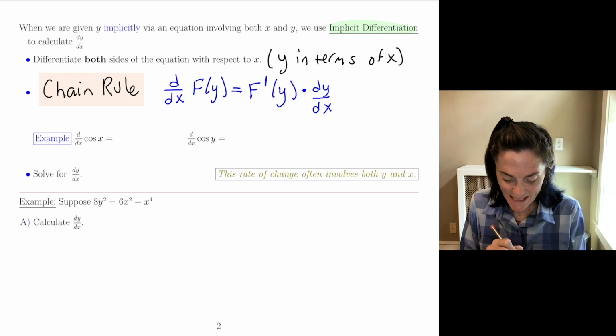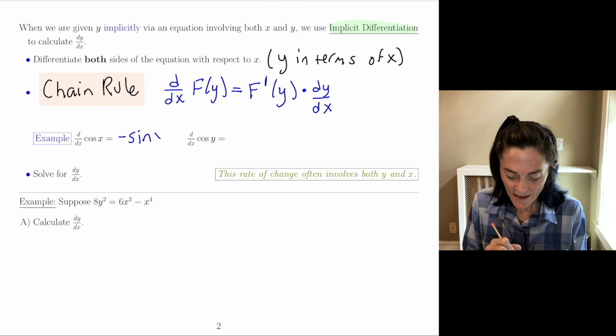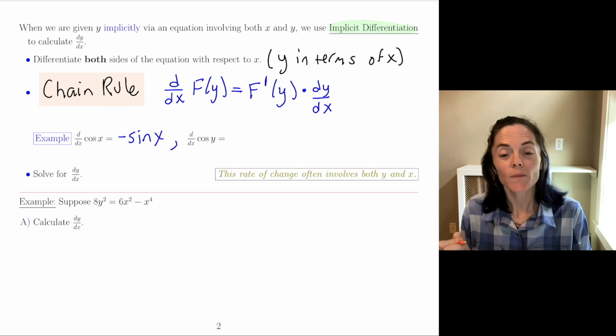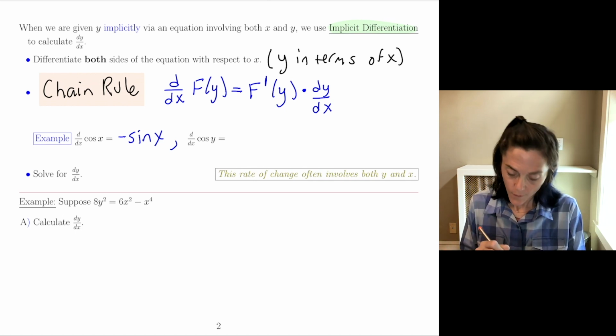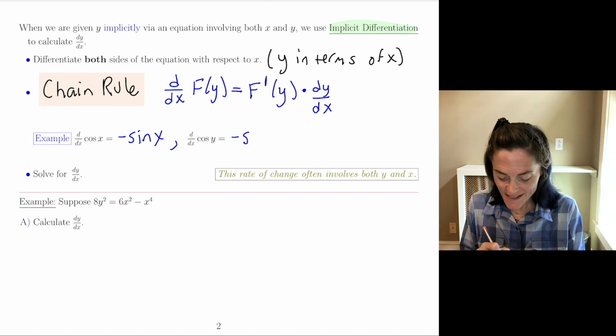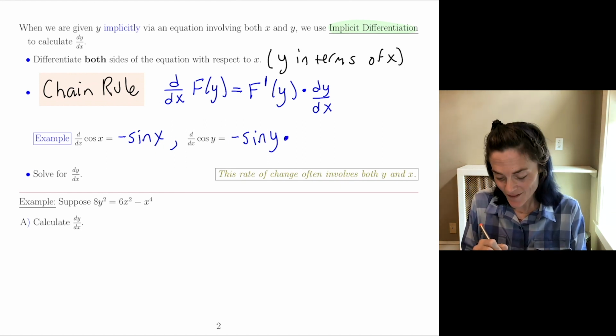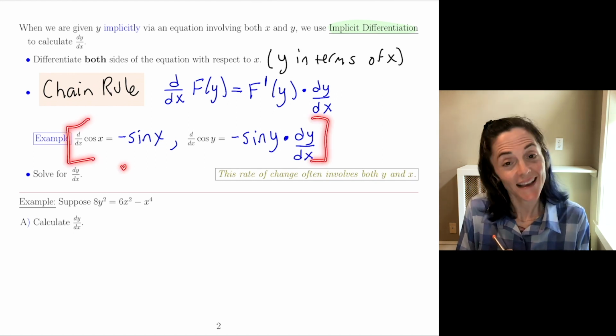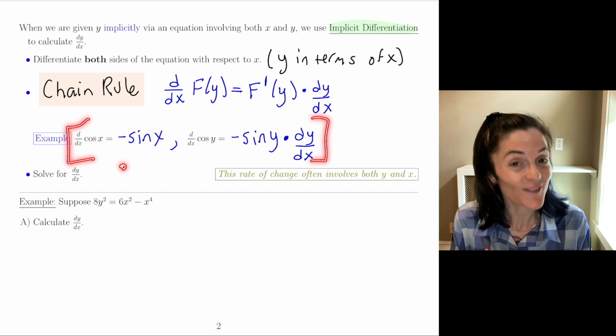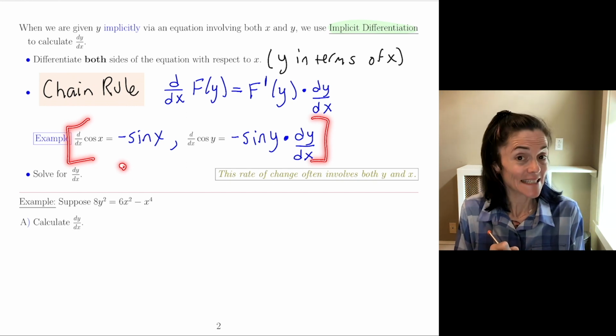Hopefully everyone knows this is minus sine x. However, if you want the derivative with respect to x of cosine y, well, this will be derivative of the outside, evaluated at the inside, times derivative of the inside function. So this is really what we see here in these two examples is really what we have to be careful of when we're doing implicit differentiation.